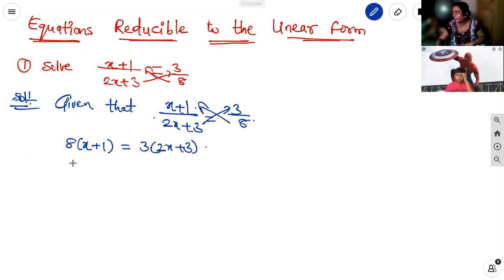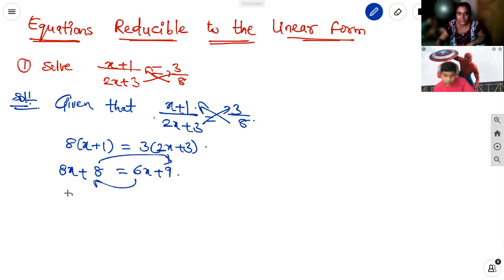Using the distributive law, 8 into x is 8x, plus 8 into 1 is 8, equals 3 twos are 6x plus 3 threes are 9. Now we take the x terms to one side and the constant terms to the other side. So by transposing the terms, 8x, and 6x is positive, so taking it to the other side the sign changes, that is minus 6x.